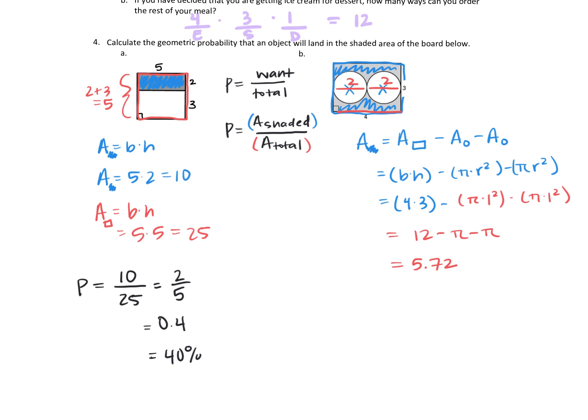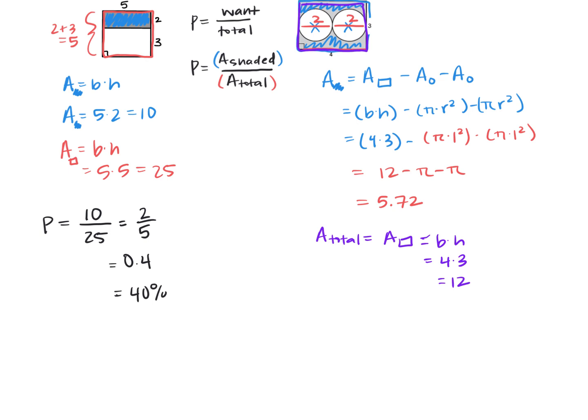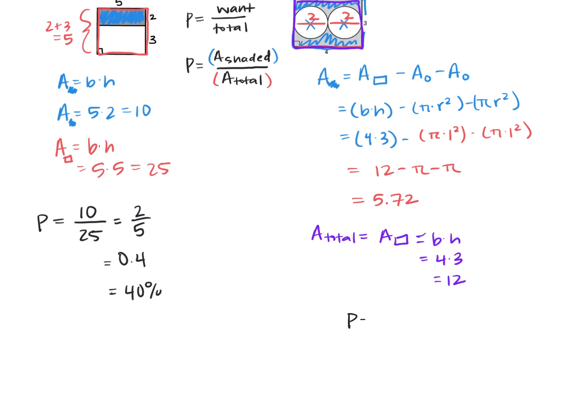Now the total area, I've already calculated. This total area is the area of that rectangle, that biggest shape, which we said was base times height. Our base is 4, our height is 3, which means that total area is 12. So for the second probability, we're going to take 5.72 for our numerator, the shaded area, over 12.